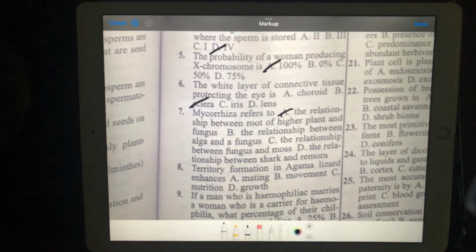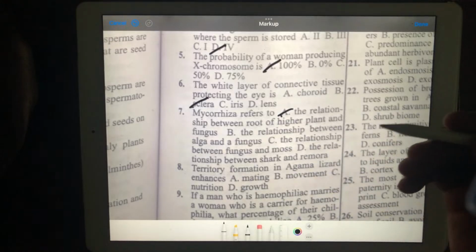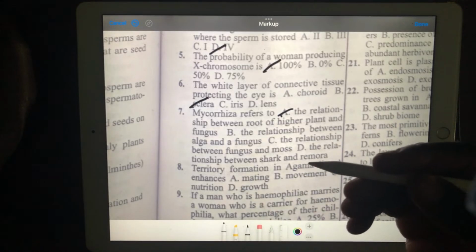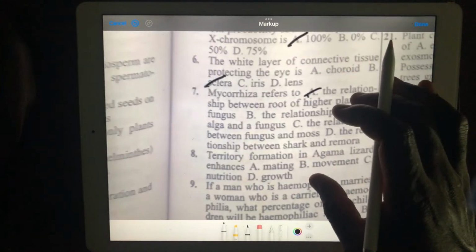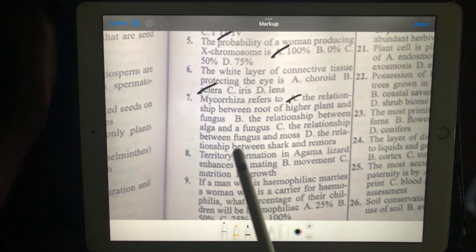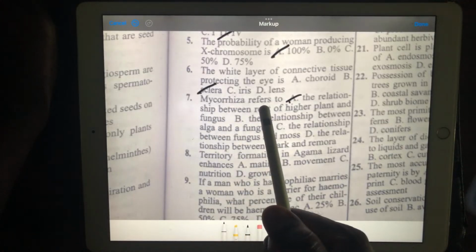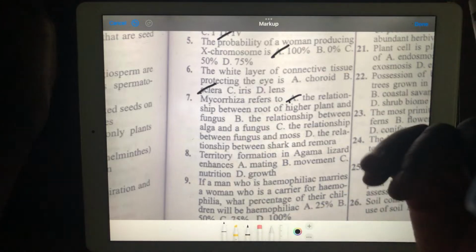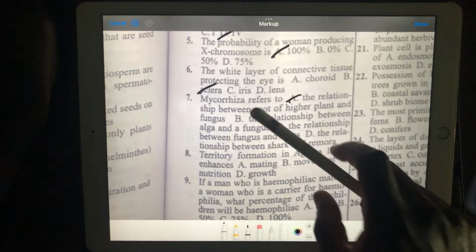They are all plants and fungus, but the difference is that algae is not a higher plant; it's a primitive plant, not properly developed. So in this case, the answer is A. Don't confuse lichen with mycorrhiza. It helps the advanced plant to absorb water, and the plant provides food for the fungi.